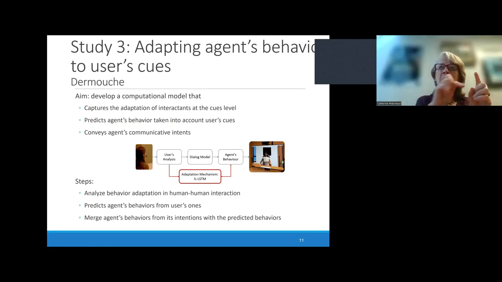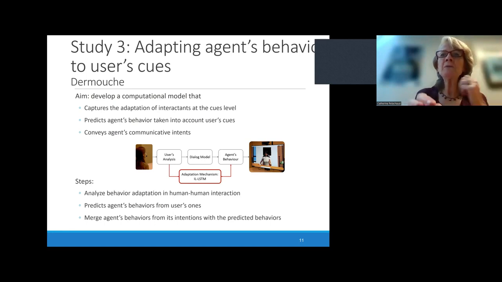So the models learn the dynamic loop of the behaviors of the two human interactants. And we use only upper body, head movement and gaze direction, and facial expression, smile, since it's talking a lot, we didn't want to have other types of facial expression. So we use smile.